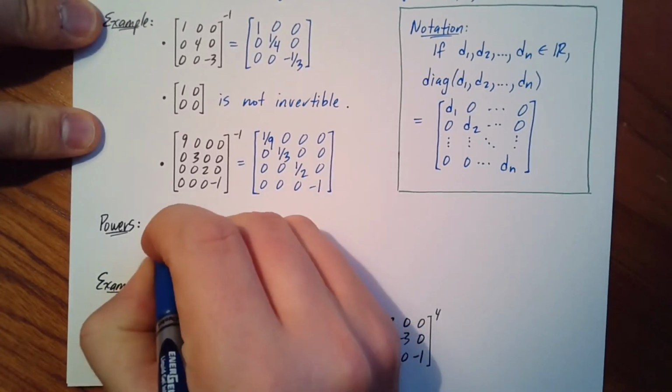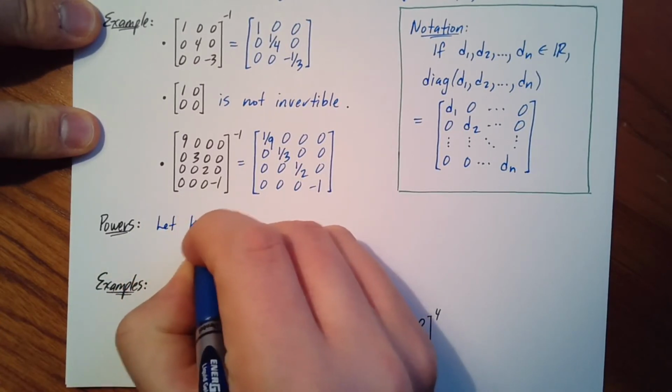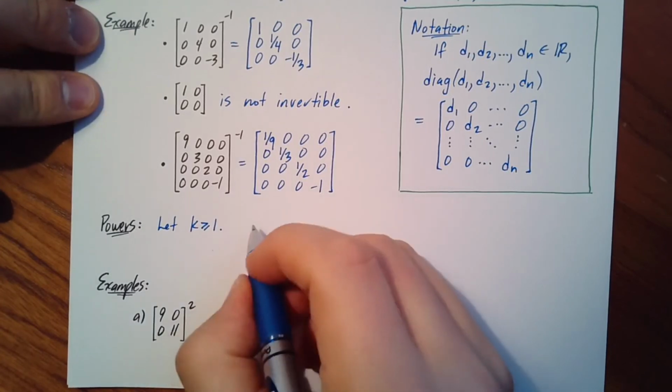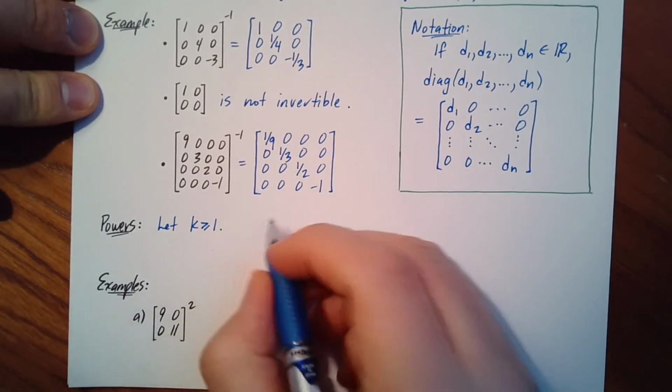So let's say we had some positive counting number k, just to act as an exponent. Then here's your rule.